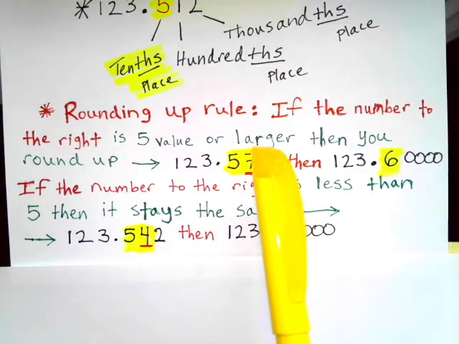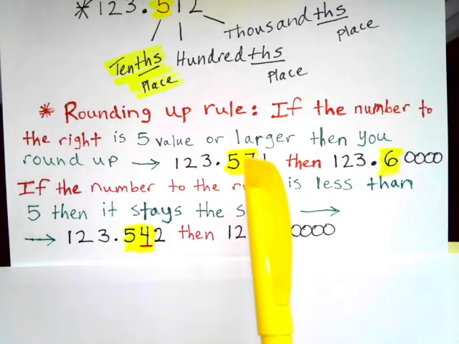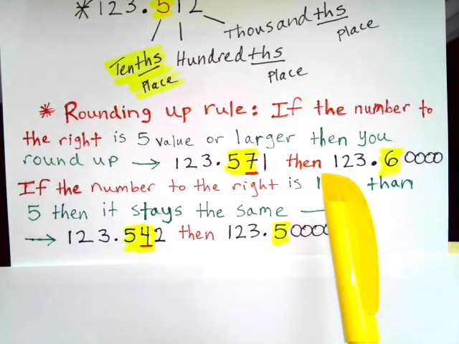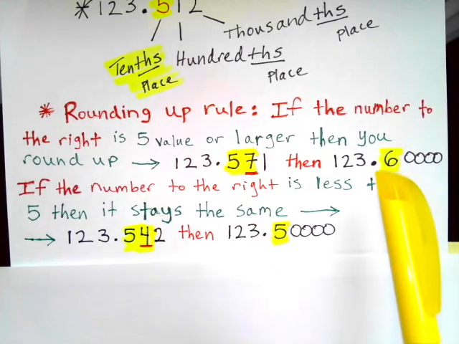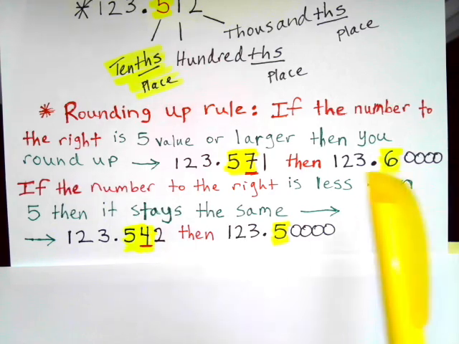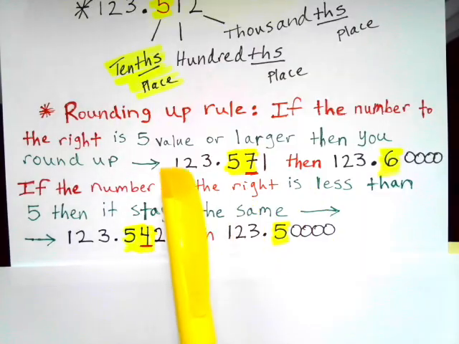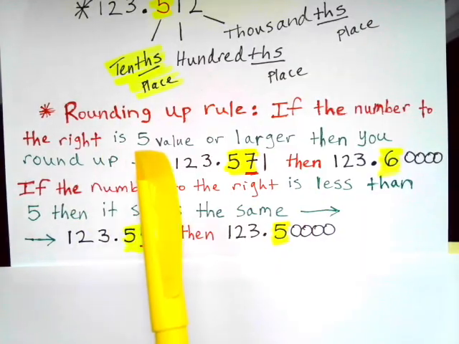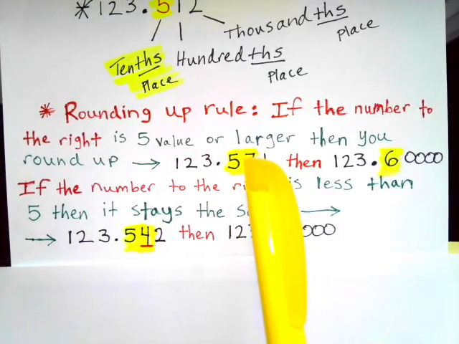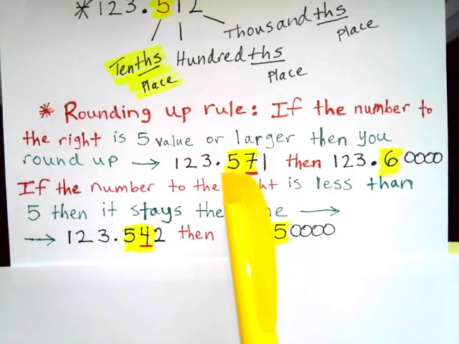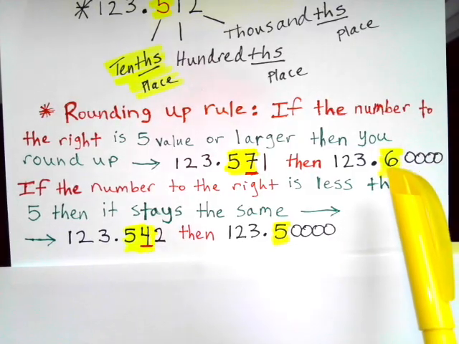Since 7 is 5 or larger, another way to say that is greater than or equal to 5, in mathematics, then you're going to round the 0.5 up to 0.6. And all the other digits turn into a 0, right? 0, 7, 1, they become 0. So again, if the value to the right of your target is 5 or larger, and here it's a 7, then the number to its left, you round up, and we did that here with the 0.6 or 6/10.